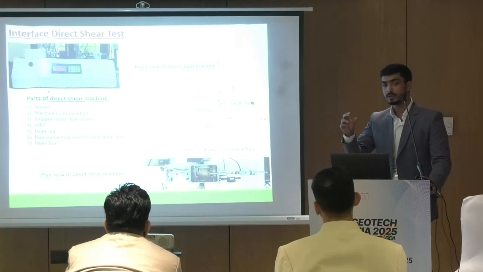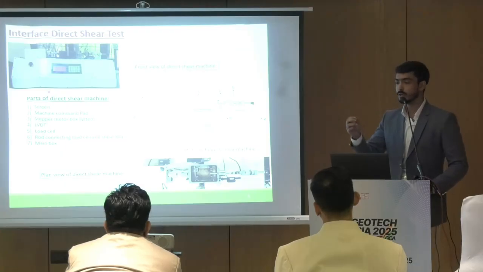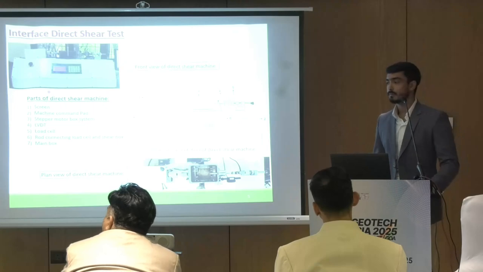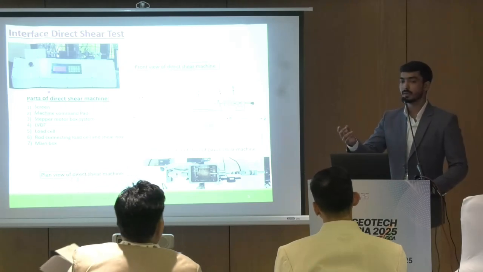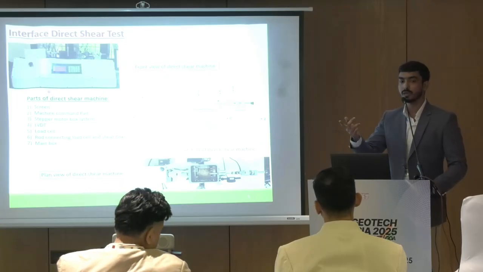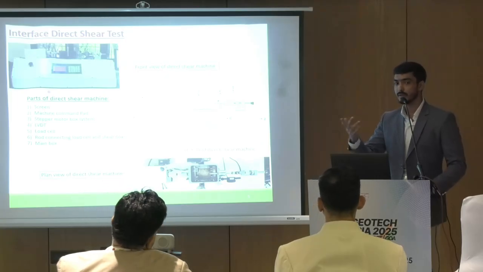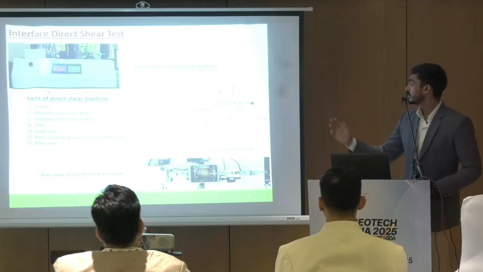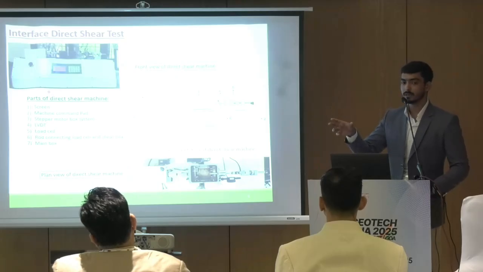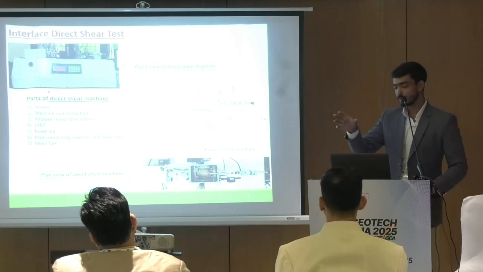But for low normal stress, it is a challenge, because if you are working at 100 kPa stress, the fluctuation of 1 or 2 kPa is accepted. But if you are working at 8, 9 kPa or 10 kPa, then fluctuation of 1 kPa or 2 kPa will hamper the result, which will create error. So we removed that system and we applied gravity based load system to apply the low normal stress.